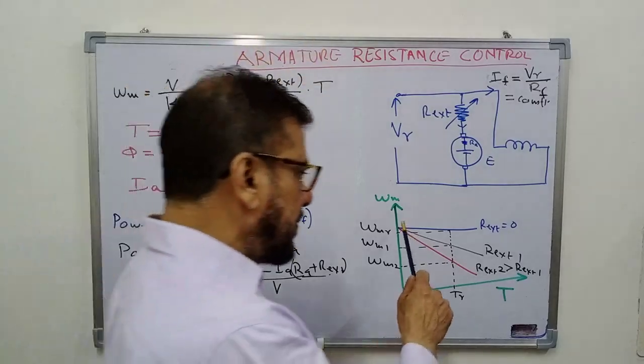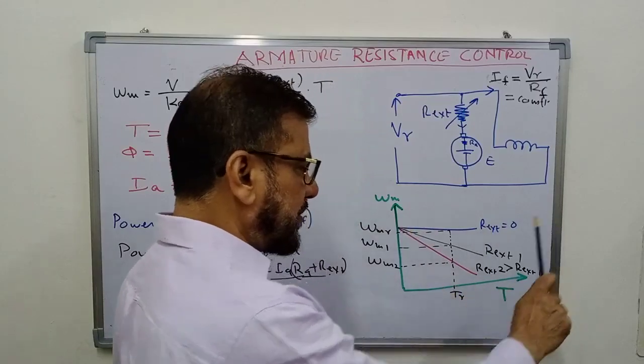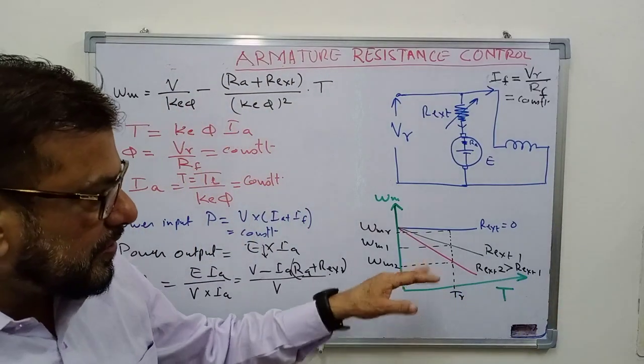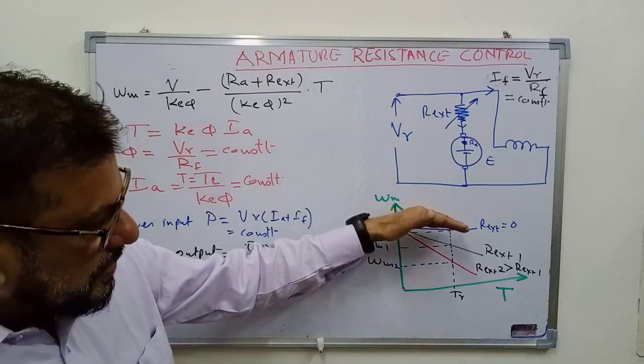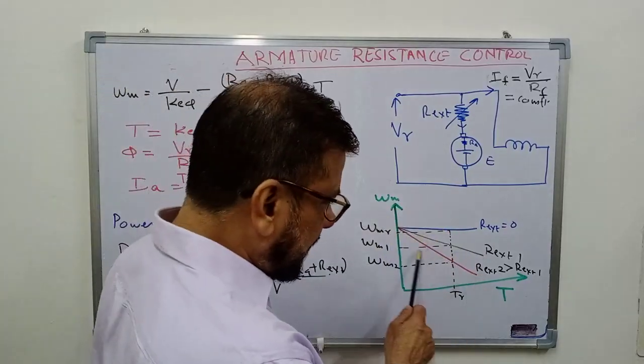So the characteristics of the DC motor, which was the natural characteristics for no external resistance, if you increase the resistance there, the slope will increase and the characteristic will change like this.